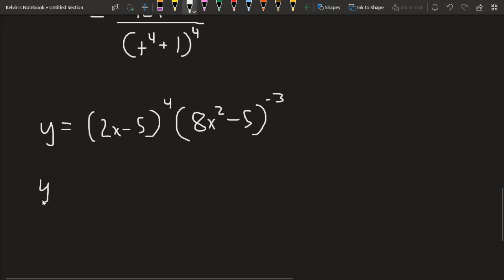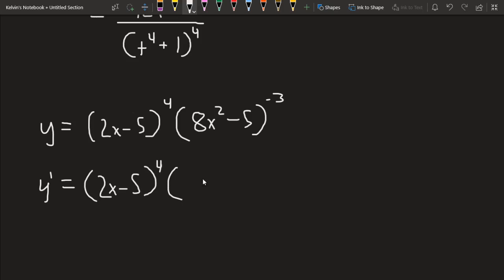So let's try that. Y prime is equal to, and then we take the first term, (2x minus 5) to the 4th, and multiply it by the derivative of the second term.